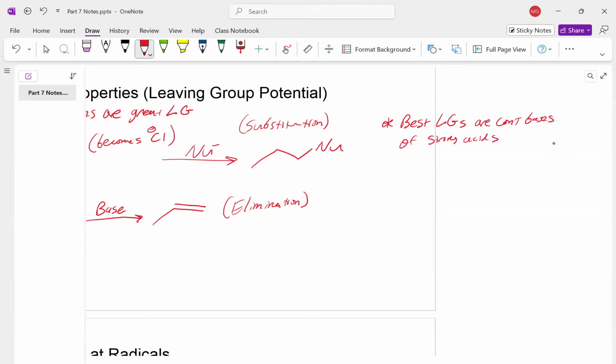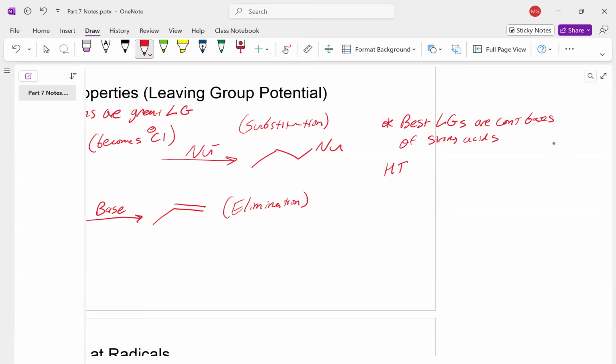This is something we've already talked about. Why is an acid stronger than another one? When we talked about acid-base equilibrium, we'd always want to find the stronger acid because the stronger acid would produce the more stable base.